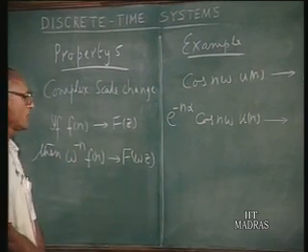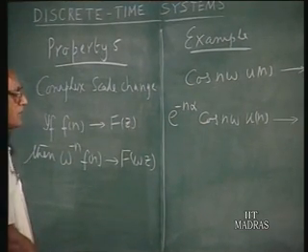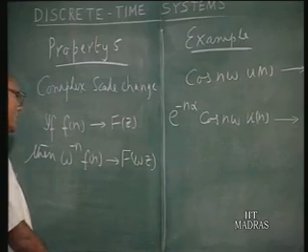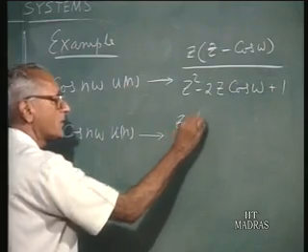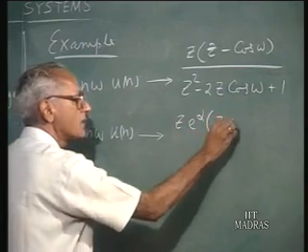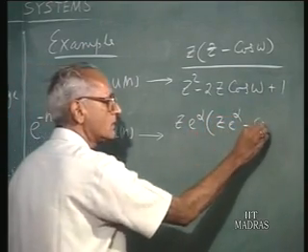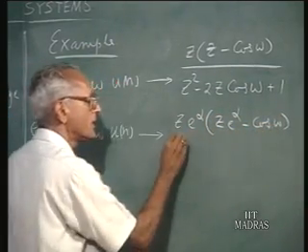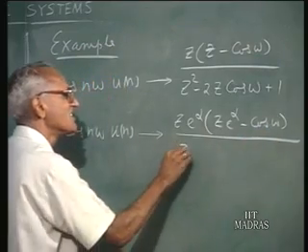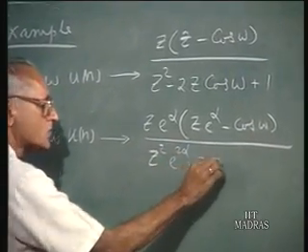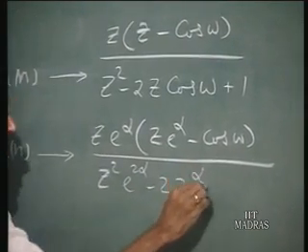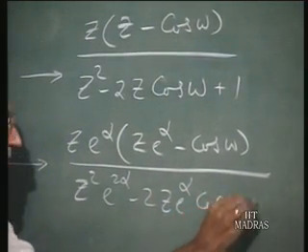All we have to do is replace Z by Z times e power alpha. So you have the Z transform of this: Z e power alpha times (Z e power alpha minus cos omega) divided by Z squared e power 2 alpha minus 2Z e power alpha cos omega plus 1.